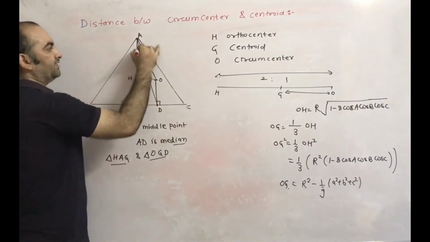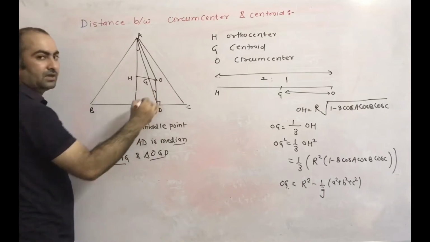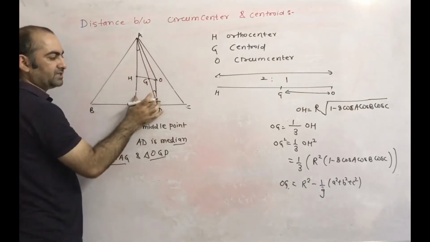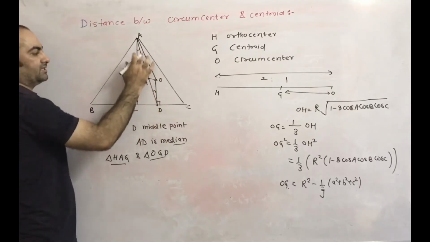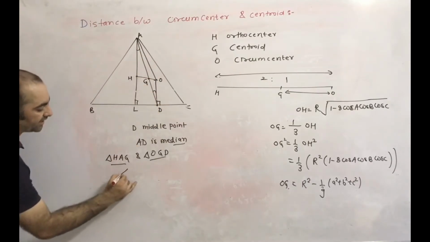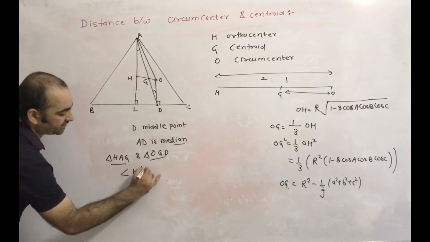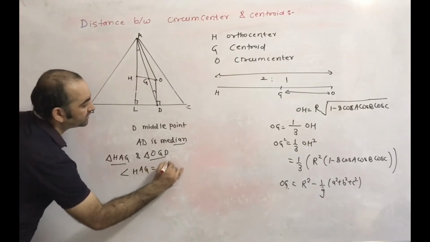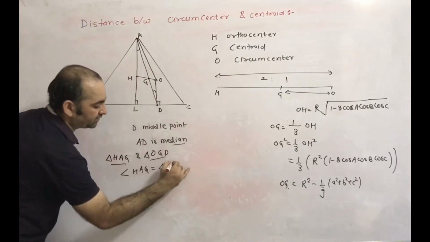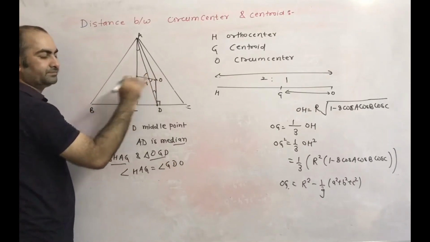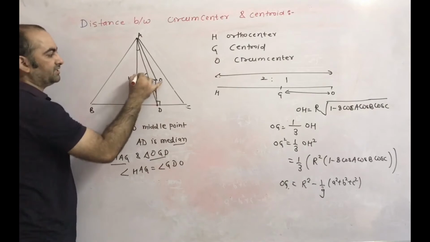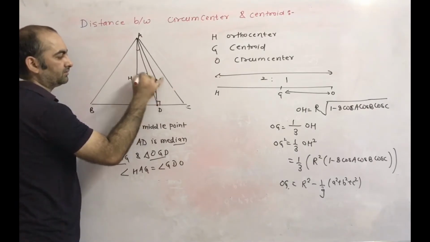This angle equals this angle because these two parallel lines are intersected by this line. So angle HAG equals angle GDO. And this angle and this angle are also equal, and similarly this angle and this angle are equal.